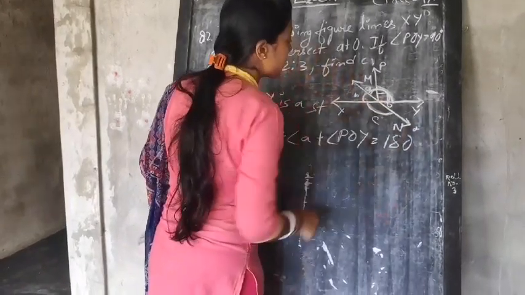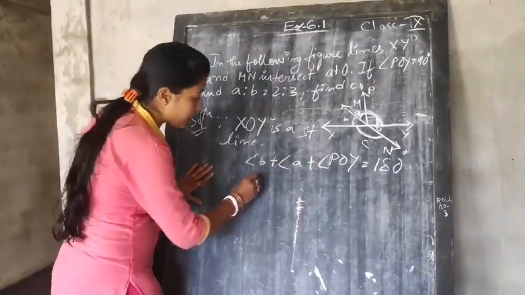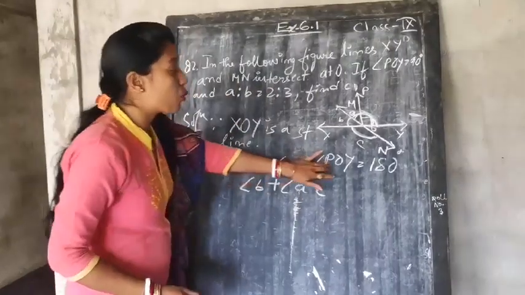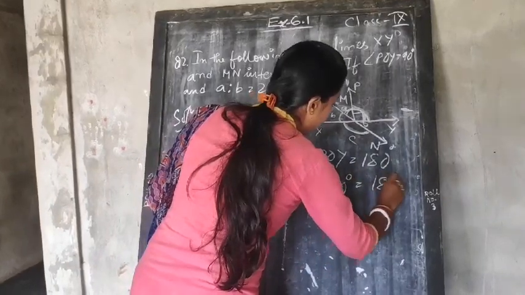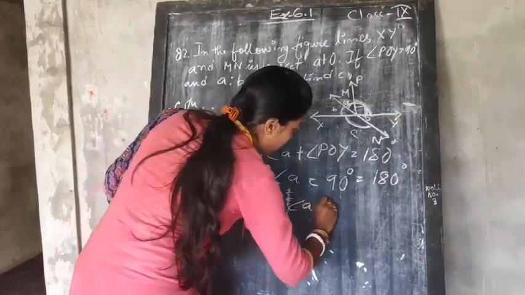These two angles will be equal to 180 degree. Then what can we write? Angle B plus angle A, and angle POY is your 90 degree, given. Then 180 degree. So angle B plus angle A will be equal to how much?